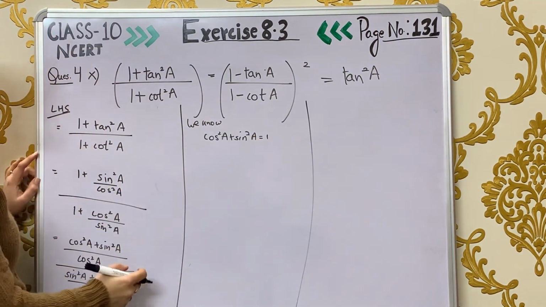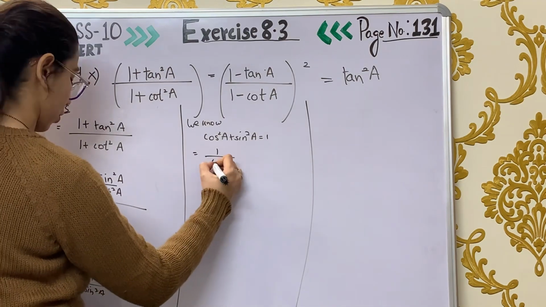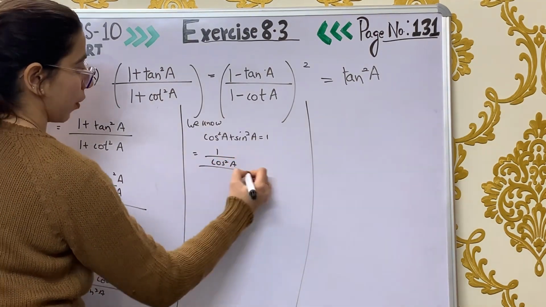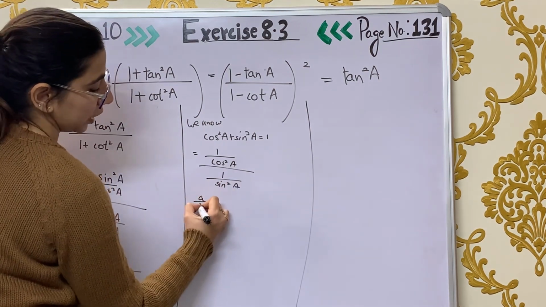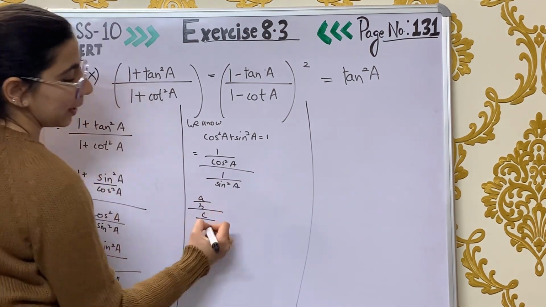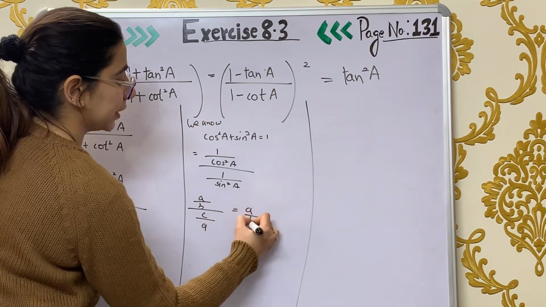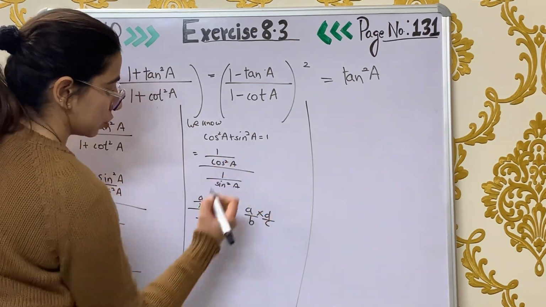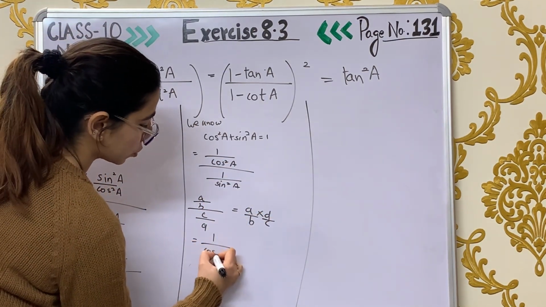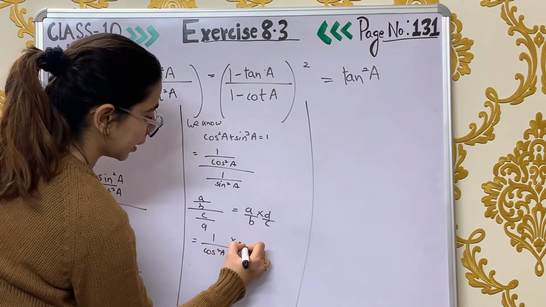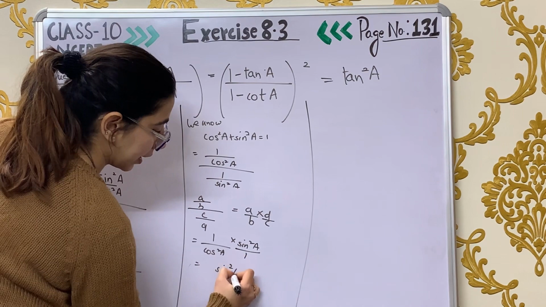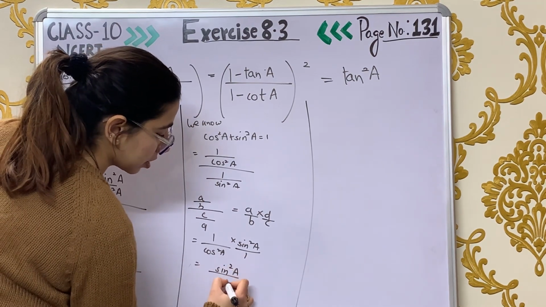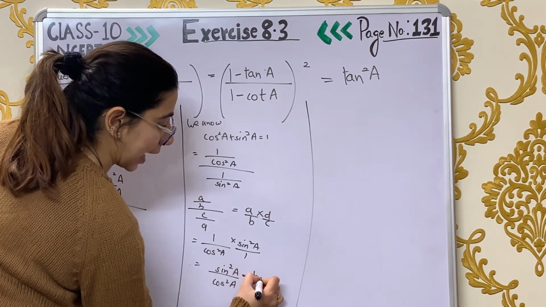So putting this value here, we get 1 upon cos square a upon 1 upon sine square a. We also know that a by b upon c by d is nothing but a by b into d by c. So this is going to be 1 by cos square a into sine square a by 1. So this becomes sine square A by cos square A, which is equal to tan square A, which is equal to RHS.